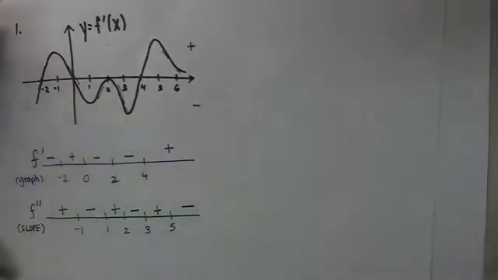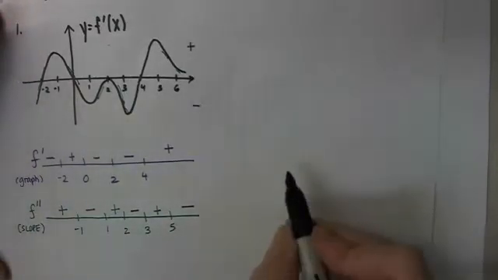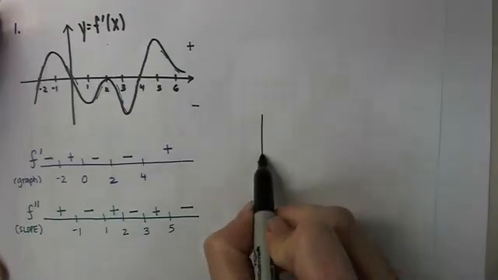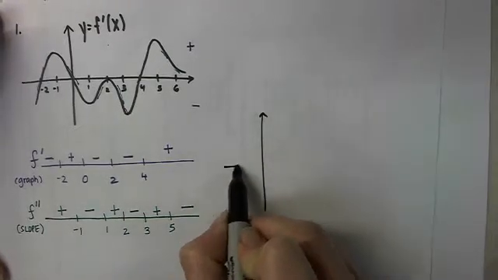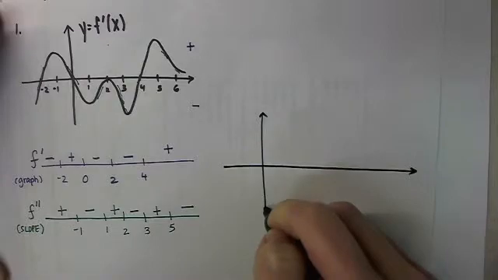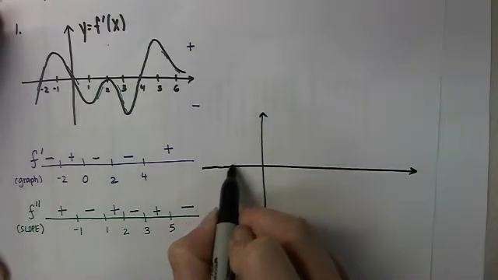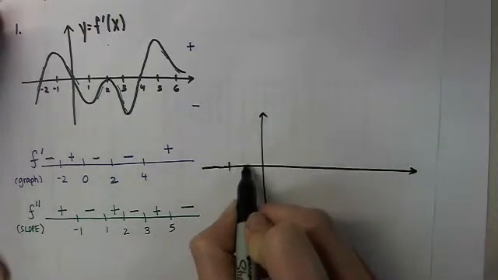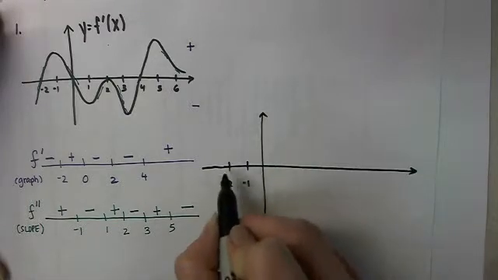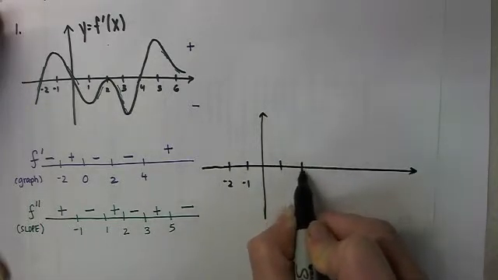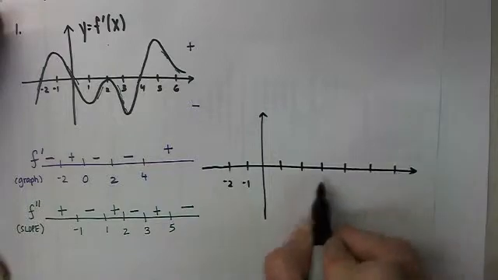With this information, we have enough to sketch a pretty good idea of what our original function looks like. We've got something happening pretty much at every integer value: -2, -1, 0, 1, 2, 3, 4, 5.